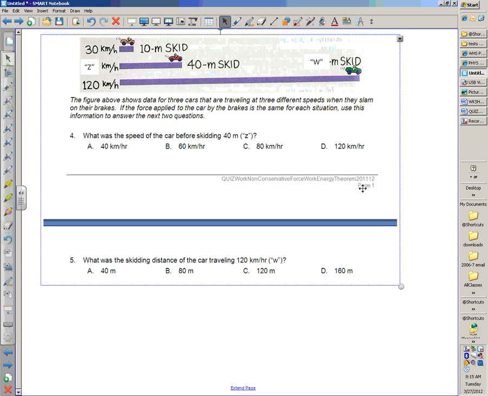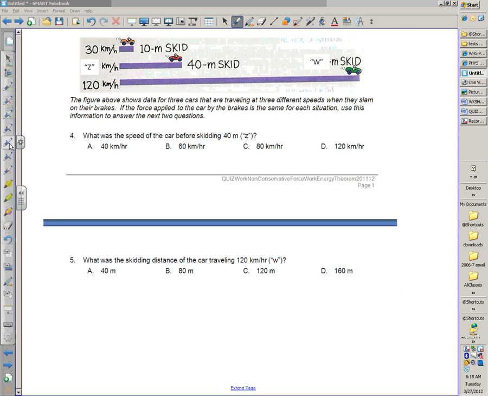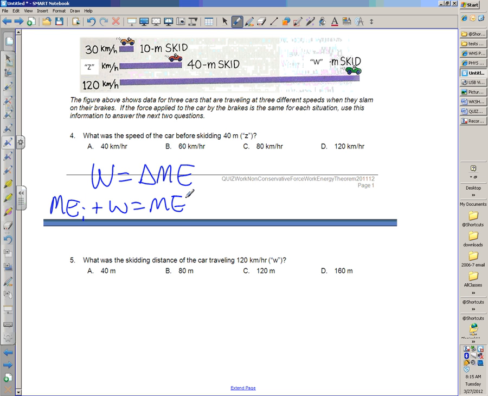So, let's go here. If we talk about the work energy theorem, we've discussed the idea that the amount of work that we do is equal to the change in mechanical energy. We also said we could rearrange this equation to look something like this: MEI plus work equals MEF.